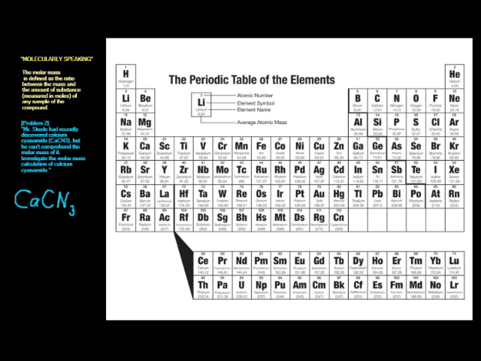Anyways, so let me just give you a head start on what you're going to start with. So first off, we're going to start with calcium, and then carbon, and of course, shock and awe, 3 atoms of nitrogen.